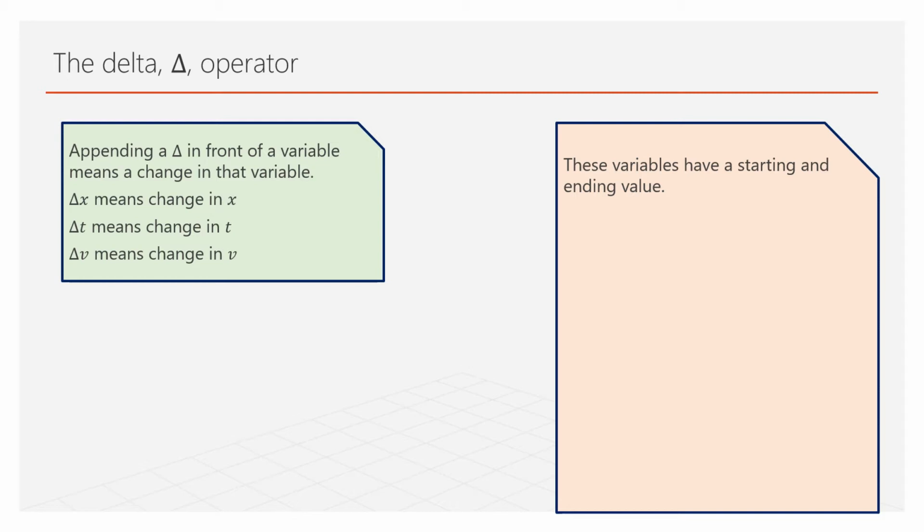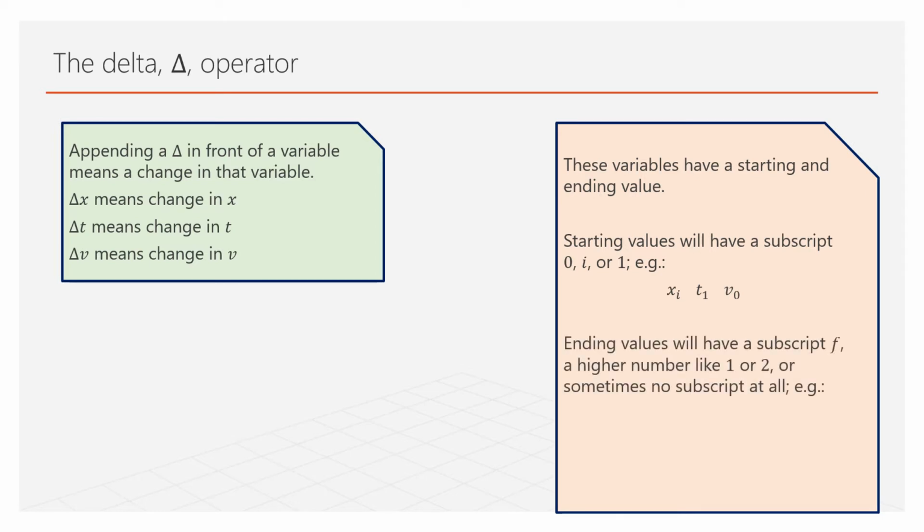These variables have a starting and ending value. Starting values will often have a subscript of 0, i, or 1. So for example, x sub i, t sub 1, or v sub 0. For variables that have a subscript of 0, often people will say "naught," so you would say v naught.